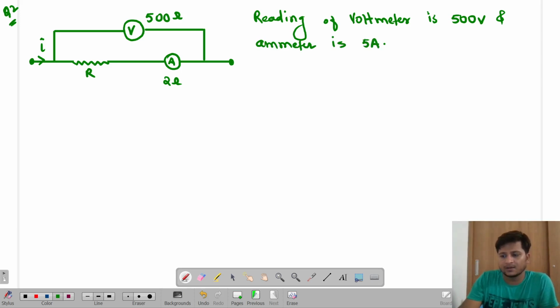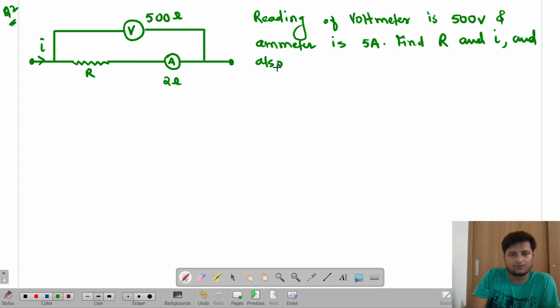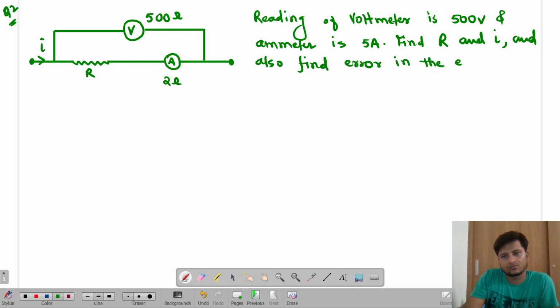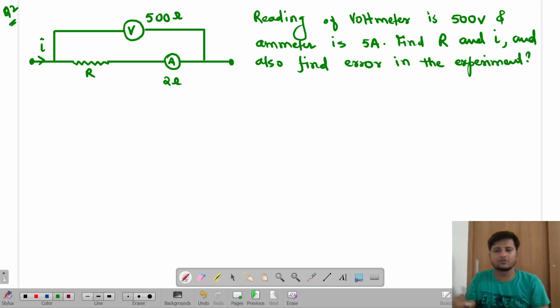Got it? Then find the resistance R and I, and also find the error in the experiment. Do it fast.